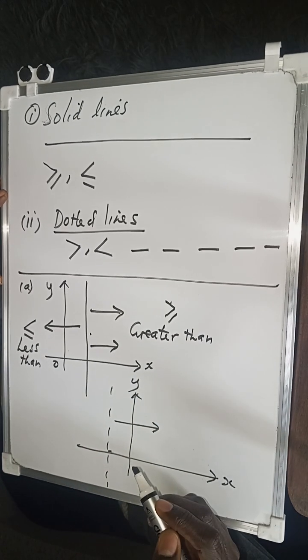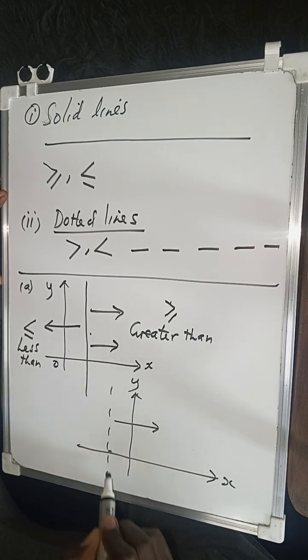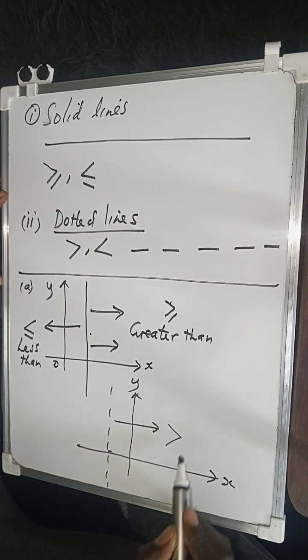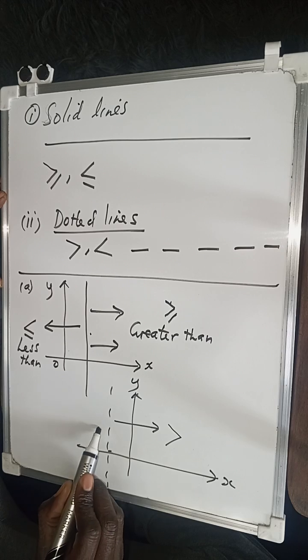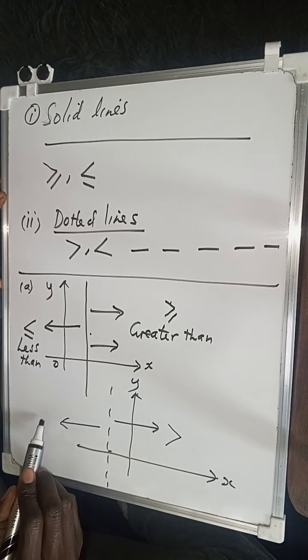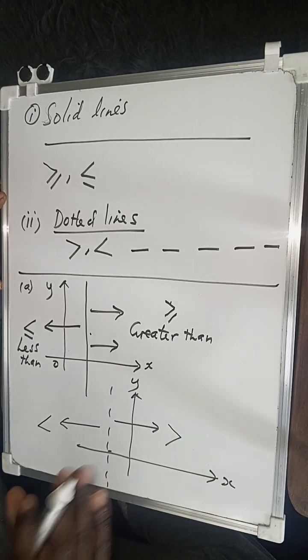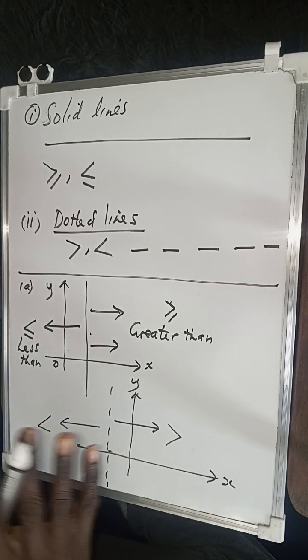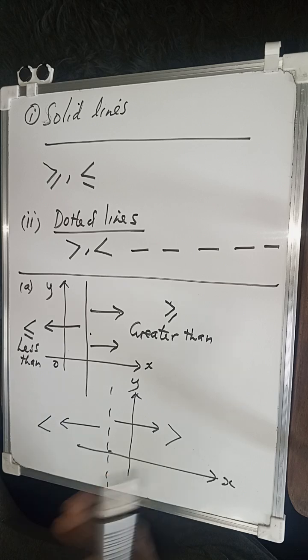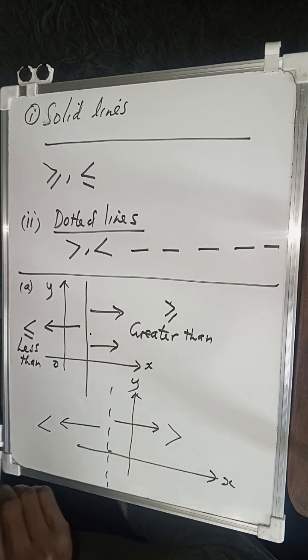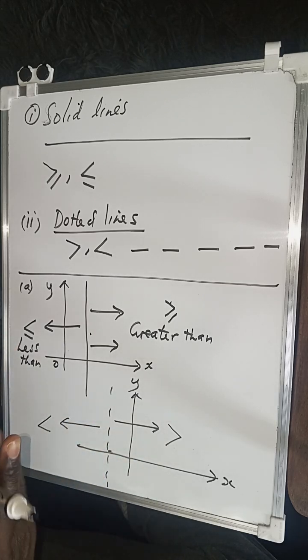But because this is a dotted line, we're just going to say greater than without adding the equal to. If you are going this side again, it is just going to be less than without the equal to. So please, these are quick, important concepts that I want you to appreciate, because later on, as we look at typical questions, I'm going to address how you can go about that.